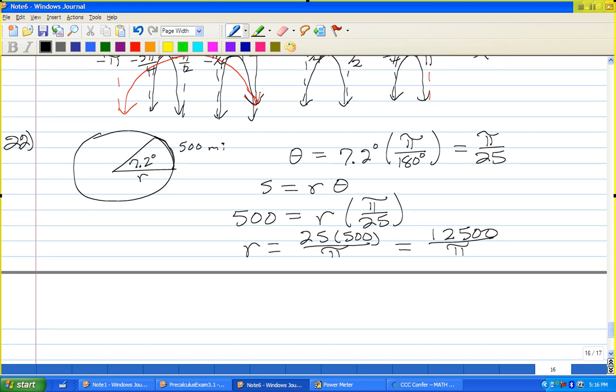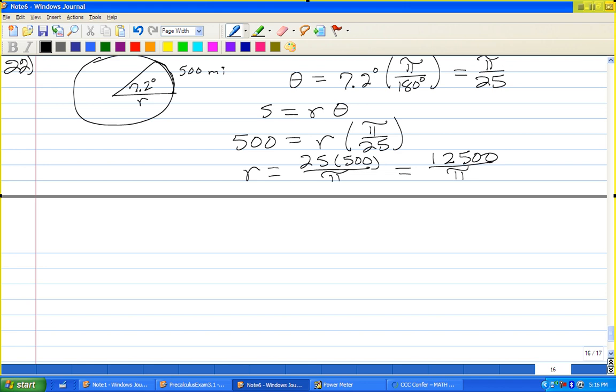So the radius of the Earth is 12,500 over pi miles.